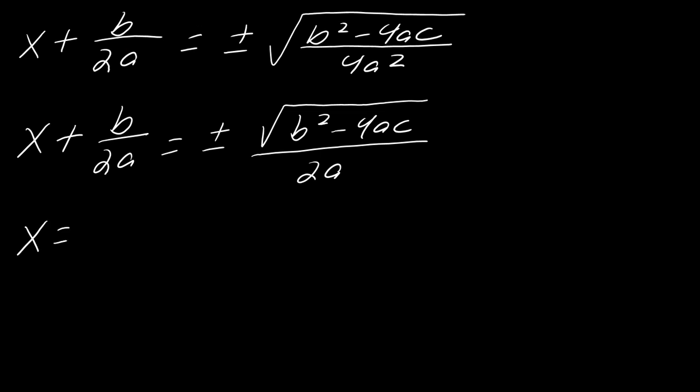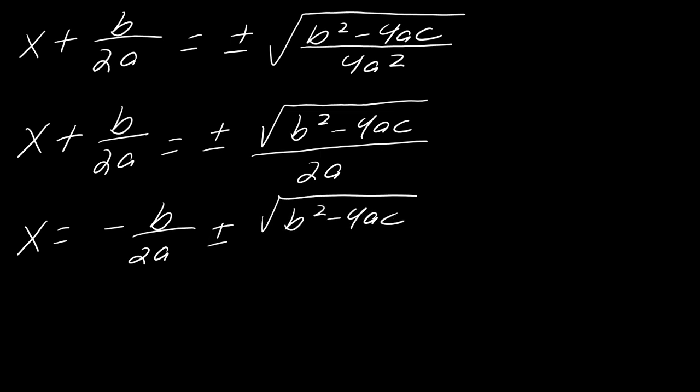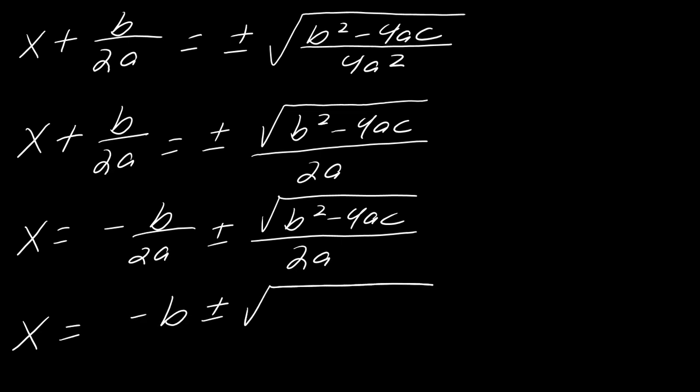So this becomes negative b over 2a plus or minus the square root of b squared minus 4ac over 2a. And then, hey, look at that, they have the same denominator. So now I can write this as x equals negative b plus or minus the square root of b squared minus 4ac over 2a.